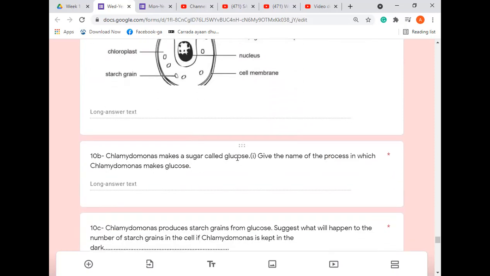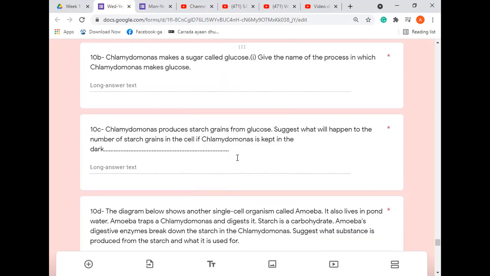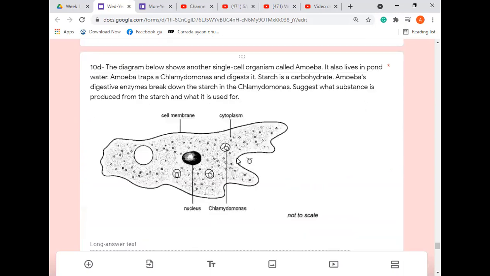It makes a sugar called glucose. Give the name of the process which makes glucose. And this diagram below shows another single-celled organism. So it's just what substance is produced from the starch and what it's used for.